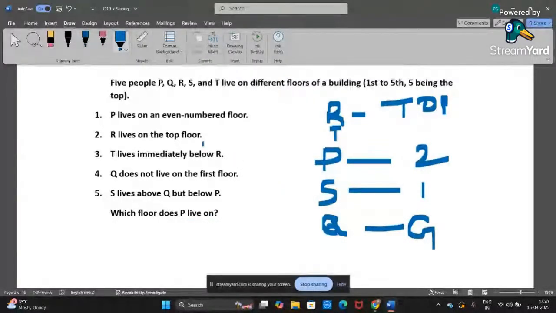So this is not the second floor. P lives on an even number floor. 1, 2, 3, 4, 5.